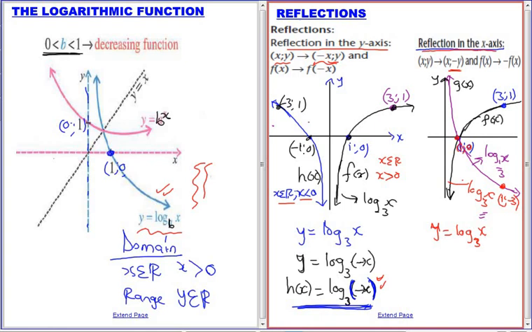So if you want to find the equation of g(x), which is a reflection of f(x) in the x-axis, you go ahead and make y negative. So you make that one negative, and you have log to base 3 of x. Well, from what we know, you have to make y subject, and when you make y subject, this is what happens. The negative comes there, and then it will be something of this sort.